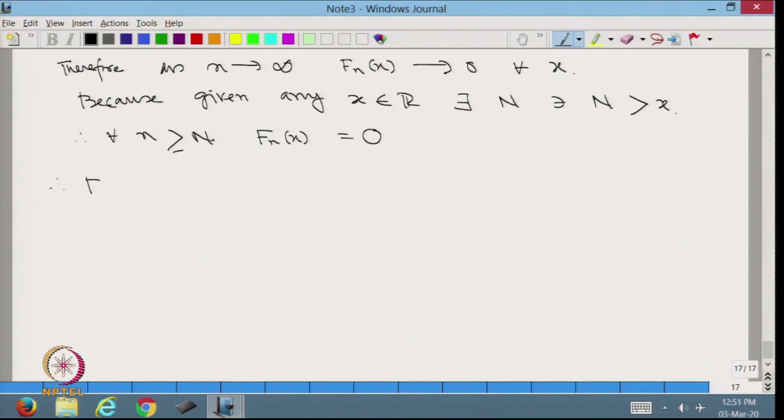Therefore, F_n(x) converges to a function F which is 0 everywhere.